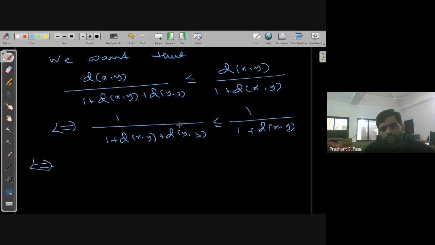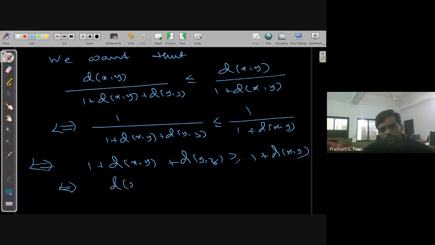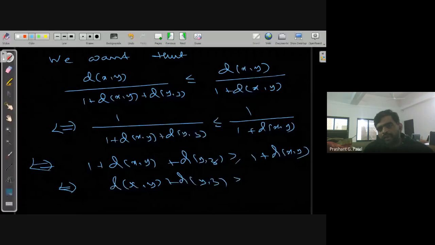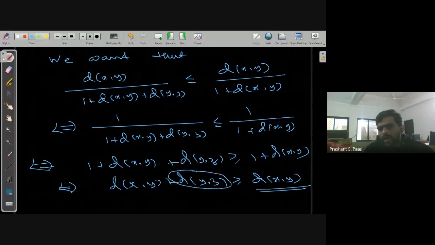If we want to prove this, then it is enough to prove that 1 plus d of xy plus d of yz is greater than or equal to 1 plus d of xy. So it is equivalent to prove that d of xy plus d of yz is greater than or equal to d of xy. But this is always true because d of yz is a non-negative number, and you are adding one non-negative number to the other. So d of xy is always less than or equal to d of xy plus d of yz.